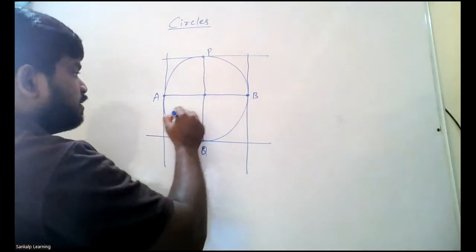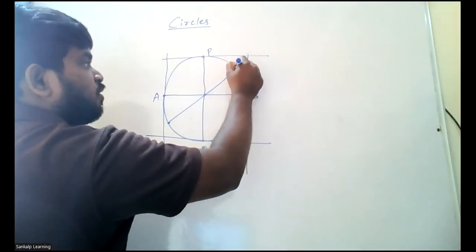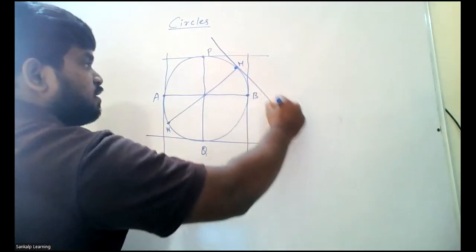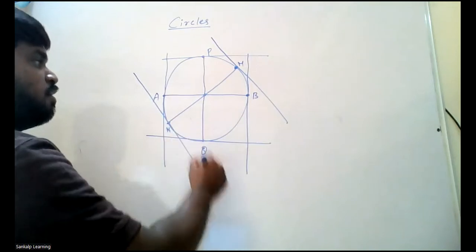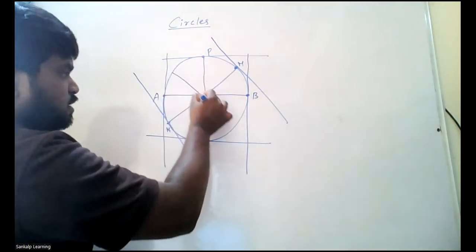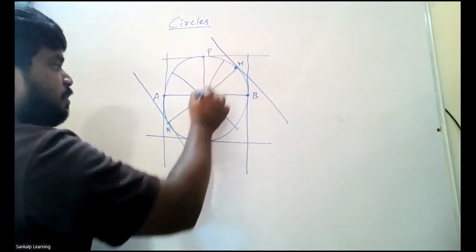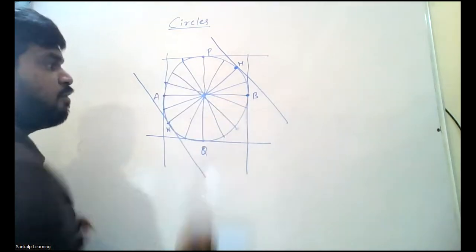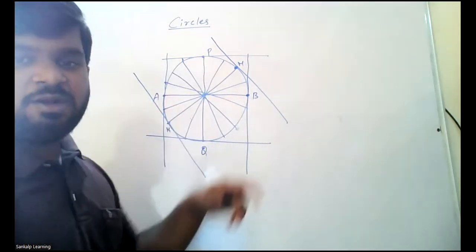Similarly, if I take a diameter like this, let's say this is M, this is N, I can draw a tangent here and a tangent here, which are parallel to each other. Similarly, you can keep doing this. You can draw infinite diameters. Therefore, it is infinite tangents which are parallel to each other.